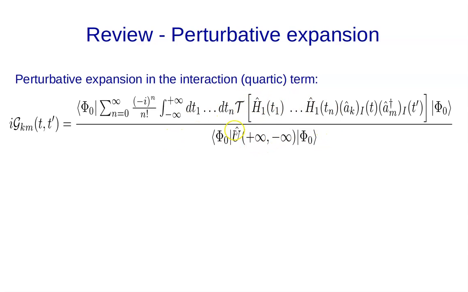And here it appears also in the denominator, this time evolution operator in the interaction picture from -infinity to +infinity. And all that is explained in the previous class, where you need to use the Gell-Mann and Low theorem to argue that you can do this expansion.